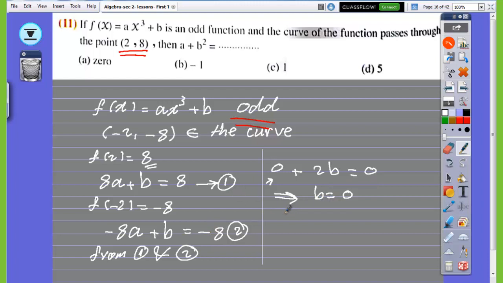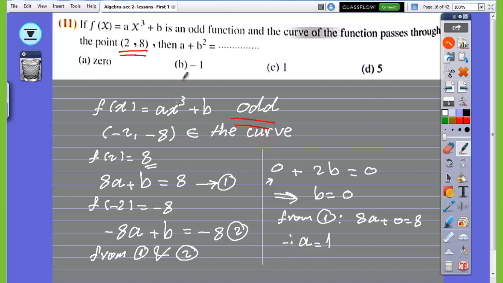Substituting in equation 1, we have 8a plus 0 equals 8, and then 8a equals 8, and we can deduce that a equals 1.